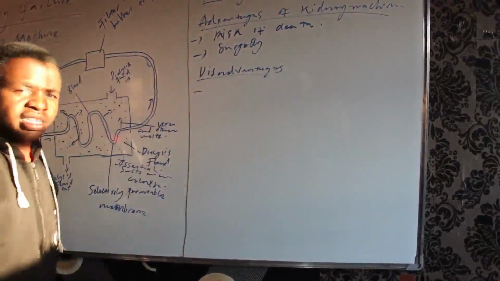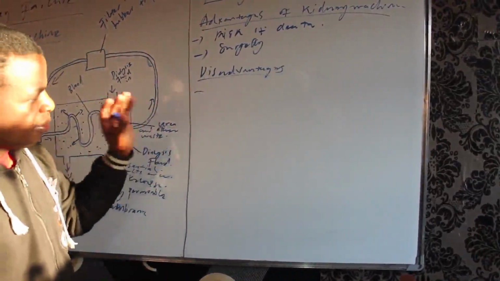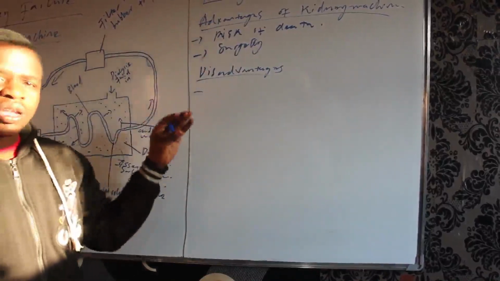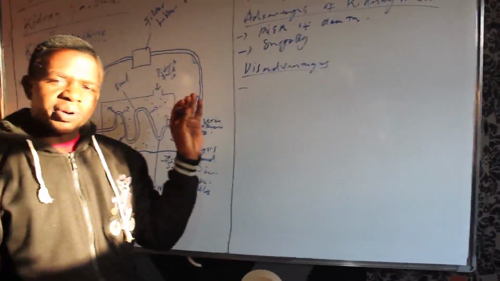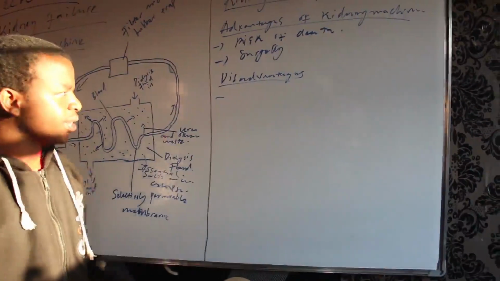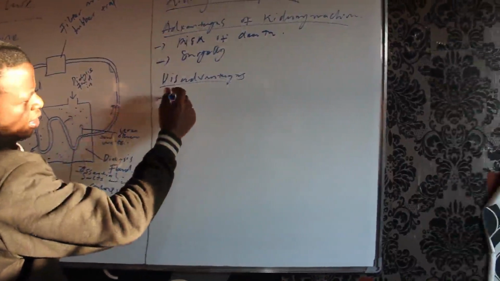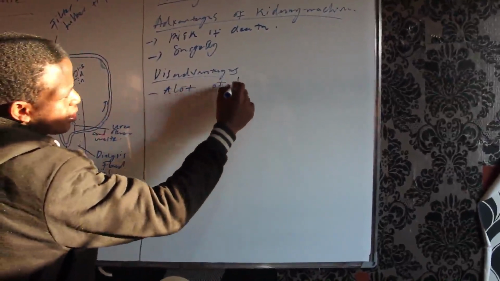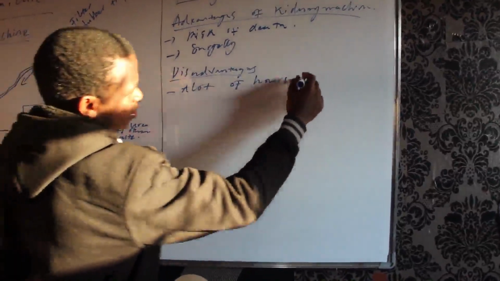One of the disadvantages is that a person that is using a kidney machine will spend a lot of hours. They spend about 8 hours in a week. So a lot of hours is spent on the machine.